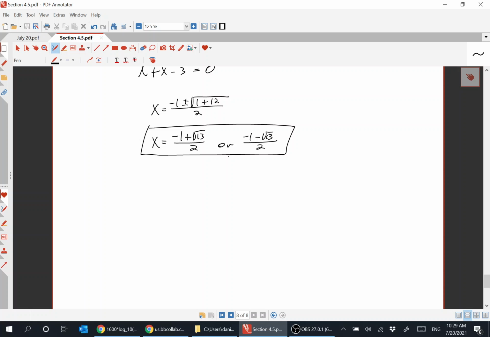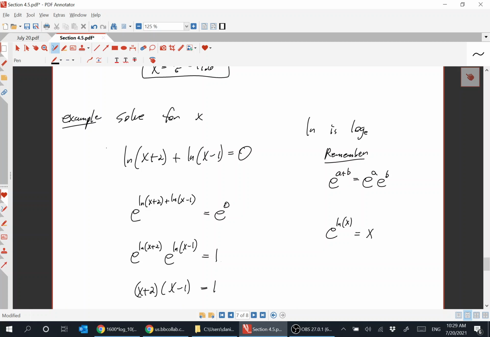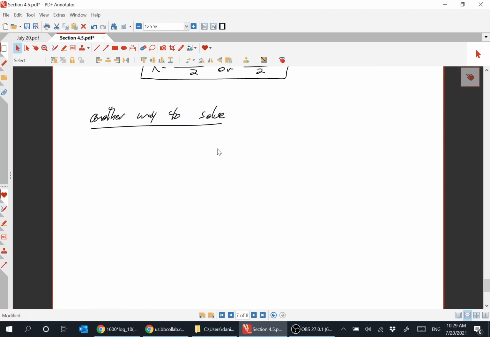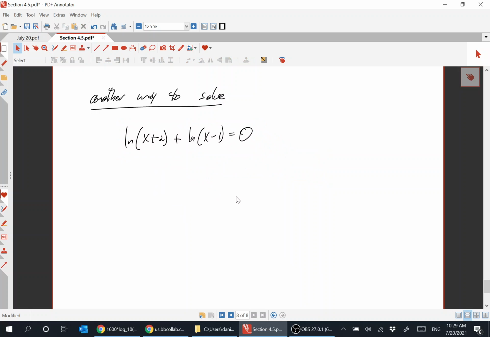So here's another solution to this same problem. Remember, the natural log of a times b is the natural log of a plus the natural log of b.